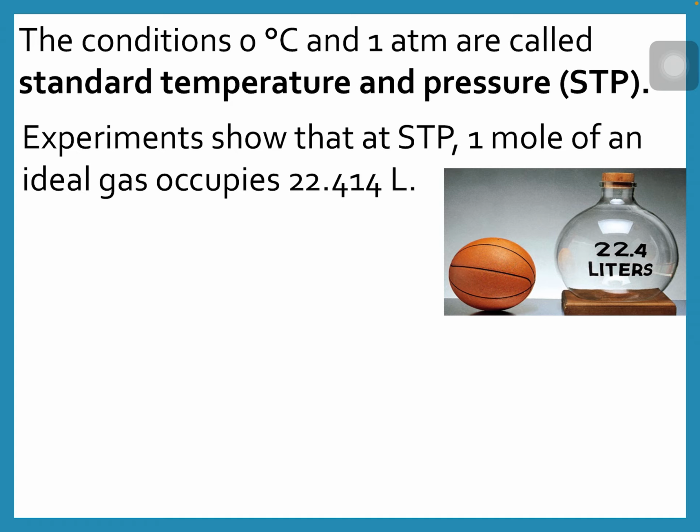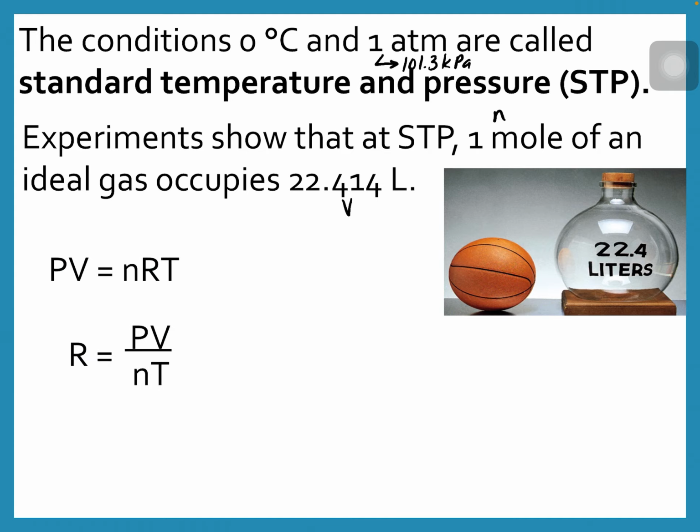If you have your pressure in kilopascals, so 1 atmosphere is equal to 101.3 kilopascals, and then everything else remains the same. So at STP, 0 degrees Celsius and 1 atmosphere, or 101.3 kilopascals, 1 mole of a substance takes up 22.414 liters.